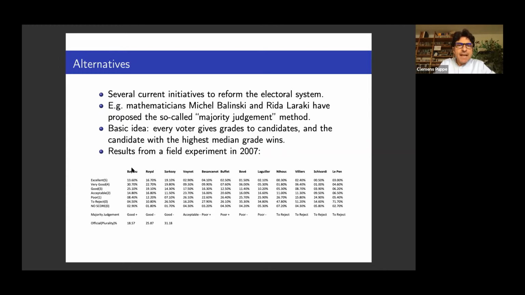Now, for each candidate, you determine what is called the majority judgment. The majority judgment for Bayrou is good. Why? Well, because more than 50% of the population said Bayrou is good or better, and more than 50% said Bayrou is good or worse.